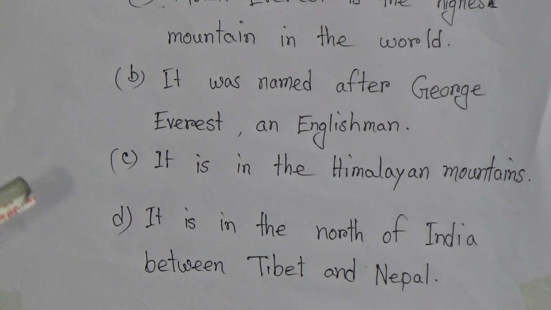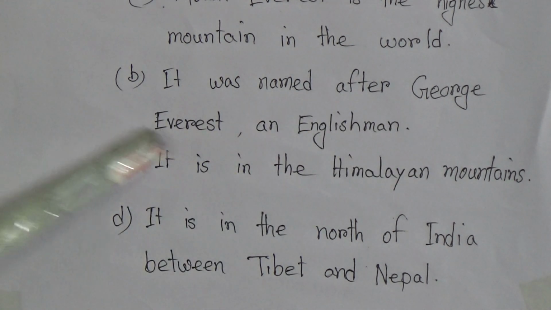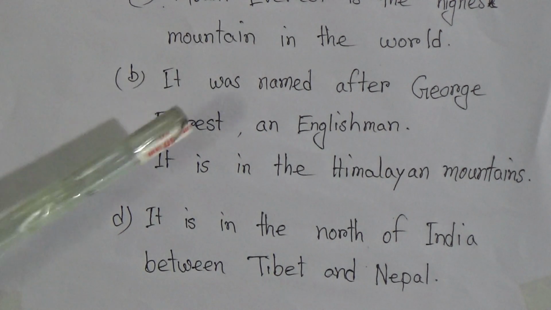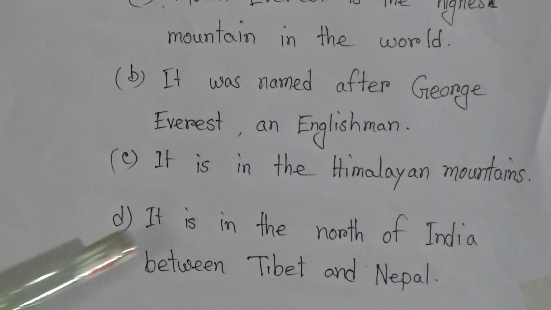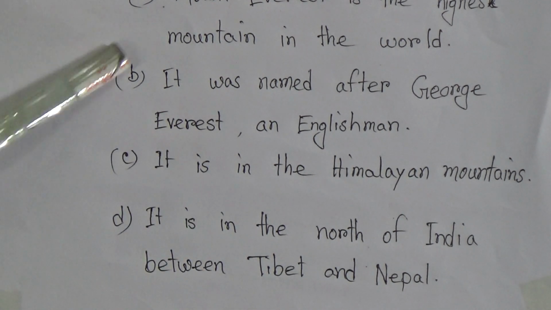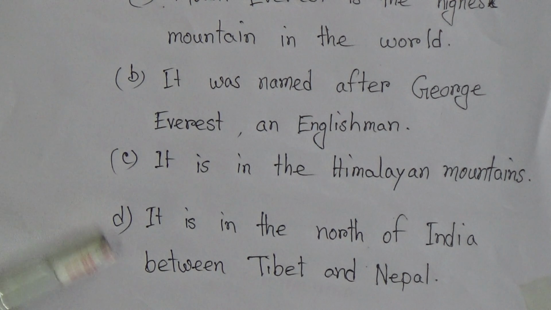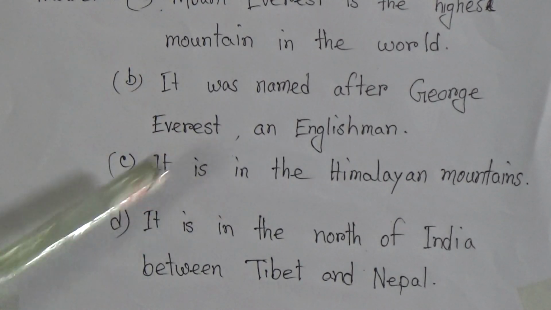You can also write the B sentence, it was named after George Everest, an Englishman, at last. You can write these sentences about the location of Mount Everest after the first sentence. So it's no problem if you write these sentences in B or C.